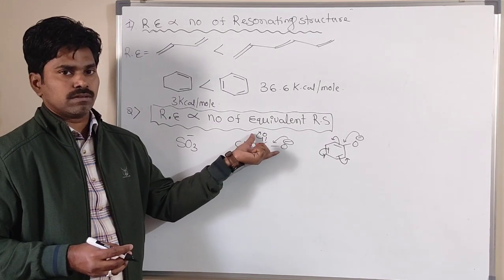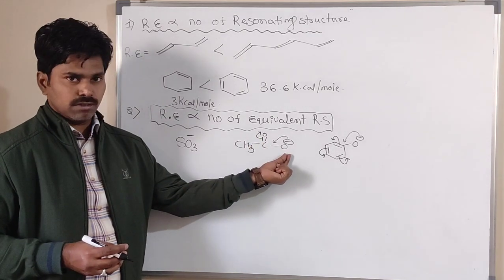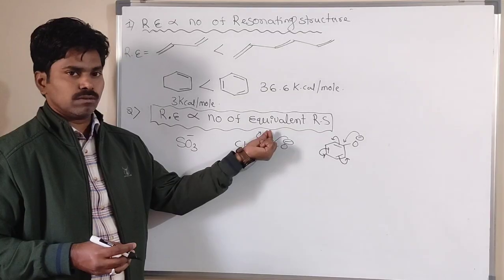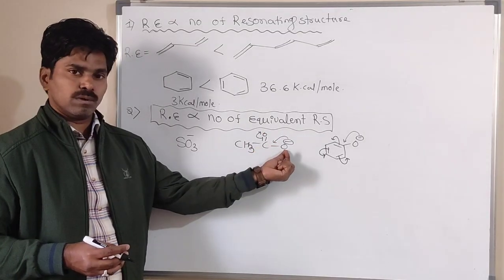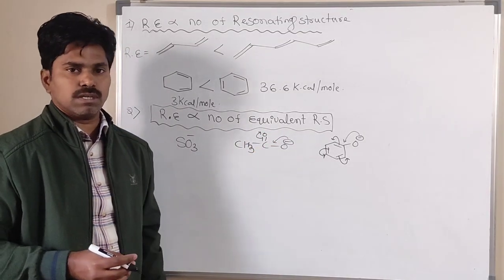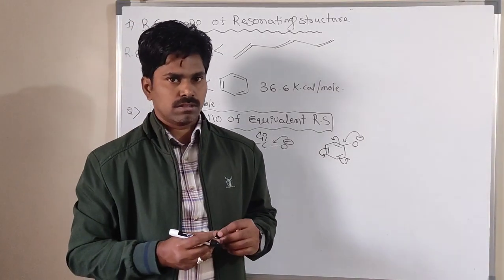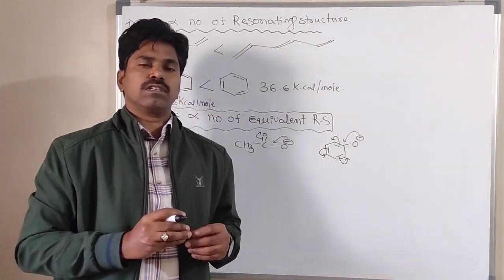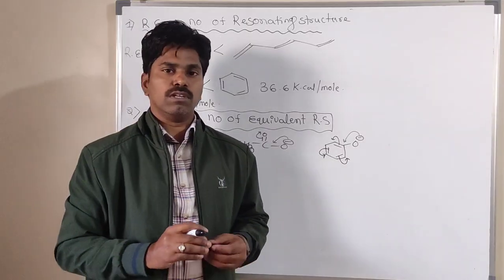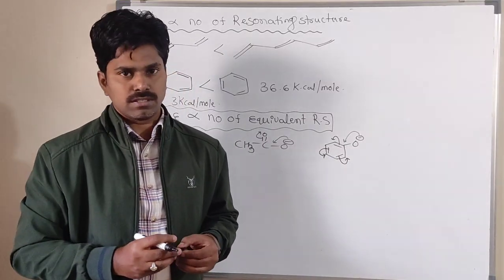First this oxygen gets negative, then the second one gets negative, and this oxygen gets the double bond. The structure is the same now. That is the equivalent resonating structures. Equivalent resonating structures have the same energy. There is no energy difference.